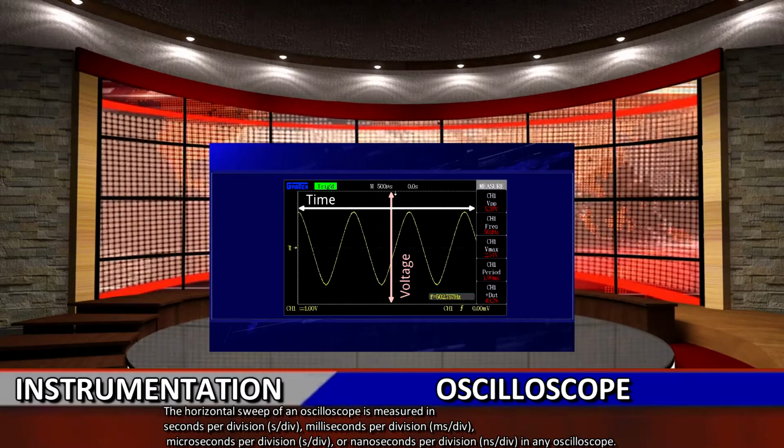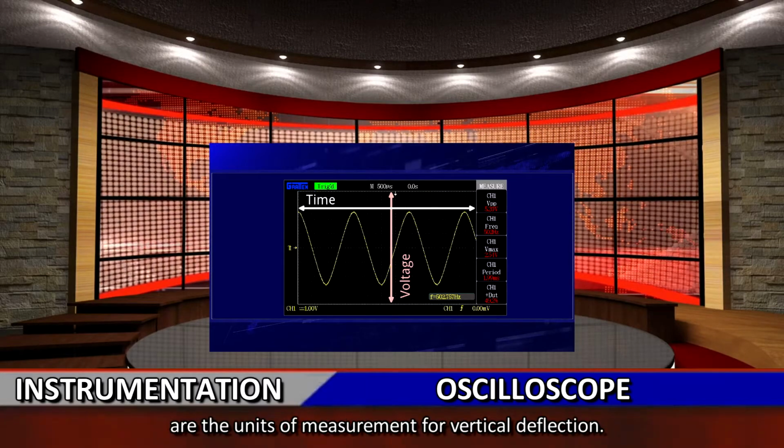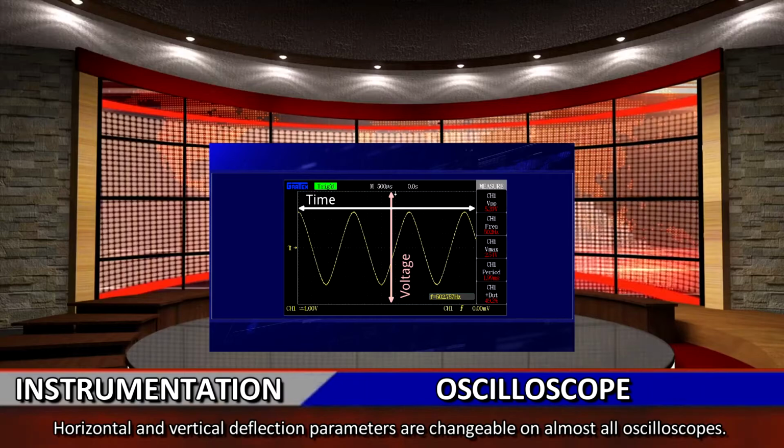Volts per division, millivolts per division, or microvolts per division are units of measurement for vertical deflection. Horizontal sweep and vertical deflection parameters are changeable on most oscilloscopes.